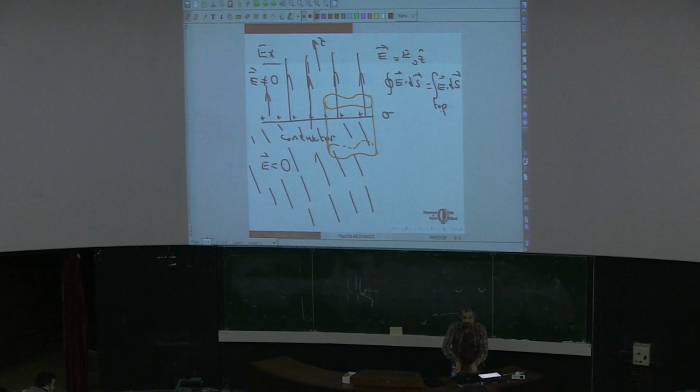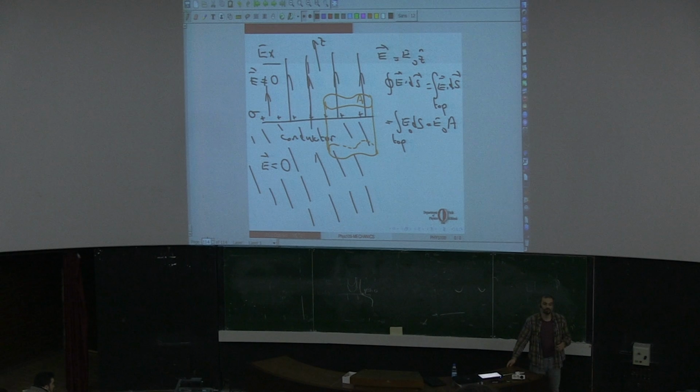The scalar product of two vectors pointing in the same direction is just the product of the magnitudes. E0 is just a constant. Let's name the top area A. This is E0 times A. This is the Gauss integral. E0, we don't know. That's what we are trying to extract.